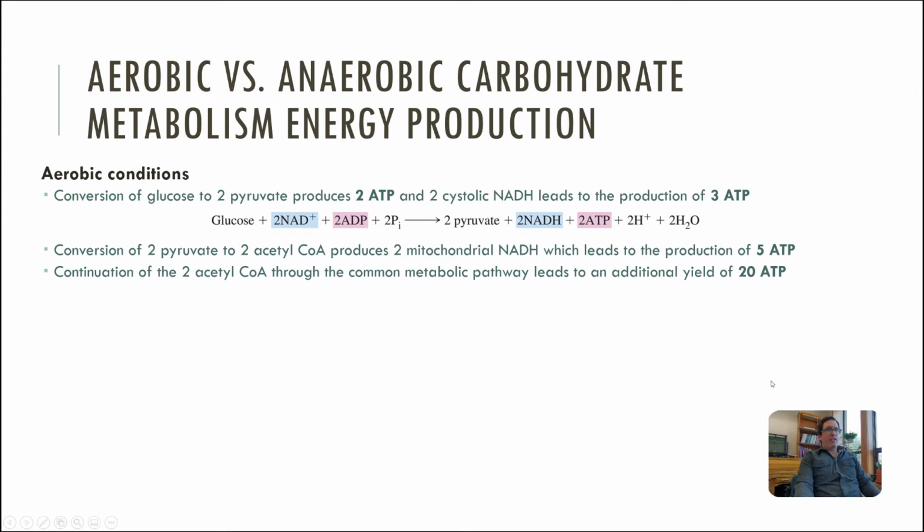Once we then take that acetyl coenzyme A, shuttle it through the citric acid cycle, the rest, and oxidative phosphorylation, we generate then a total of 28 ATP, 2 GTPs for a total of 30. Right? Okay, so we'll just call it 30 ATPs out of 1 glucose molecule under aerobic conditions.